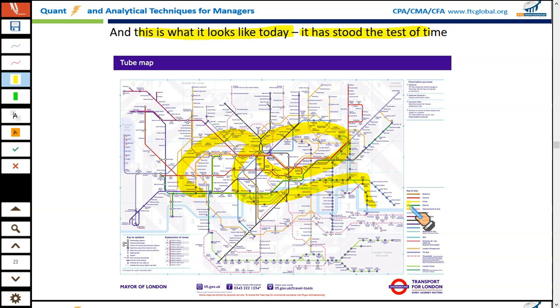So this map is proof of how Beck's abstract design has endured as an effective tool for navigating the complex network of the London Underground. These maps exemplify how a theoretical model can effectively simplify complex reality to provide more practical, user-friendly information that stands the test of time. Perfect.